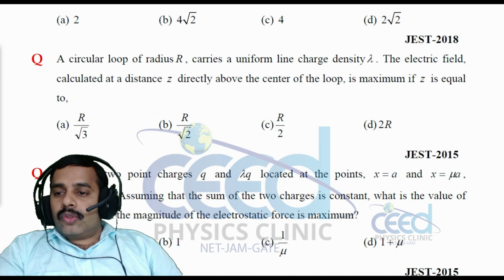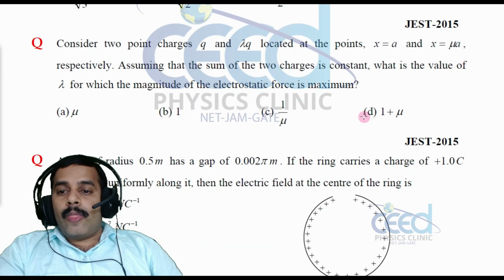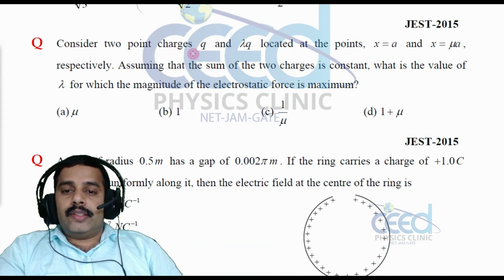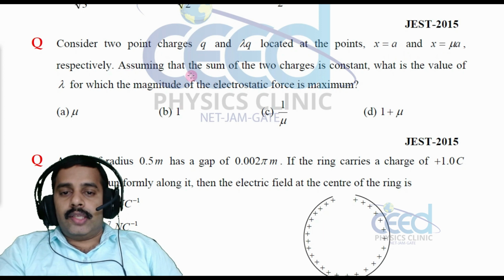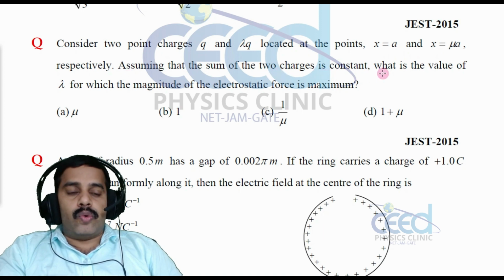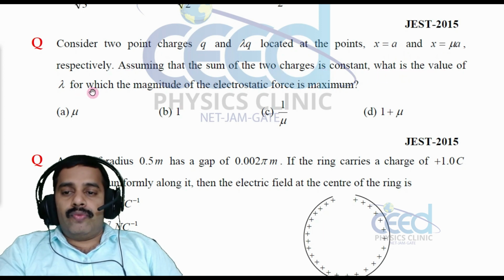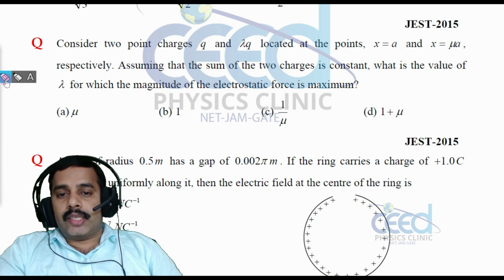Now we have another question here. Consider 2 point charges q and lambda q located at x is equal to a and x is equal to mu a. Assuming the sum of the two charges is constant, what is the value of lambda for which the magnitude of the electrostatic force is maximum?